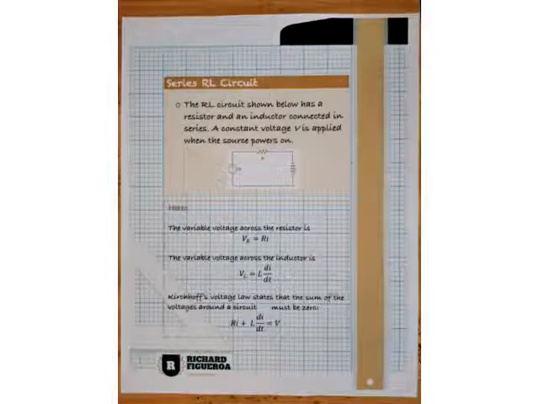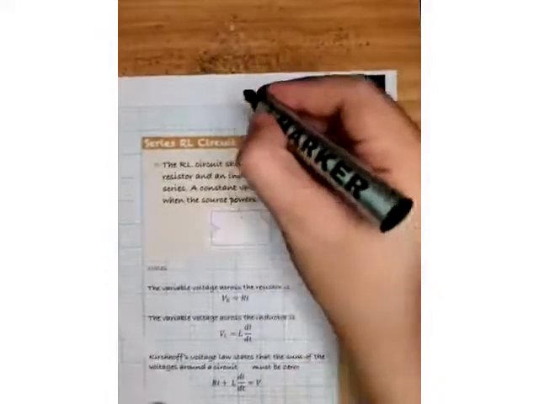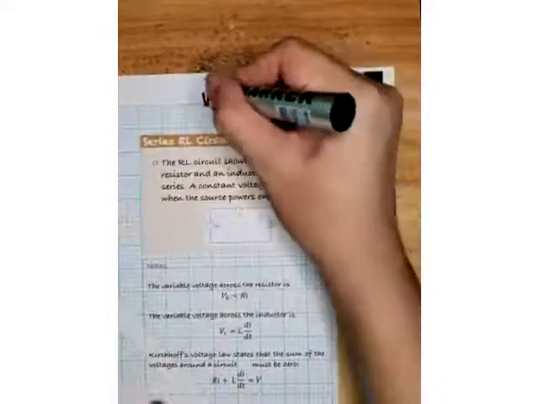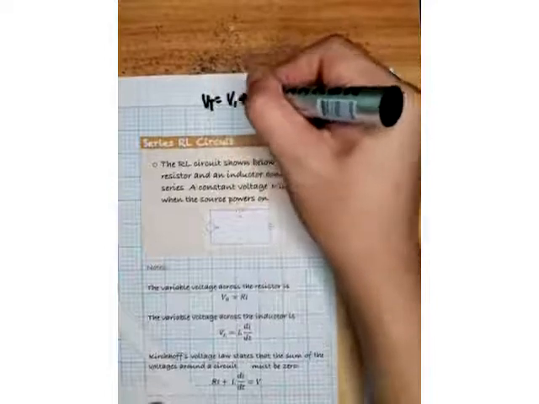Ibig sabihin, pag nag-KVL tayo sa physics, yung Kirchhoff's voltage law, di ba kung naalala nyo sa series circuits ng Kirchhoff's voltage law, yung voltage total is equal to V1 plus V2. Okay?